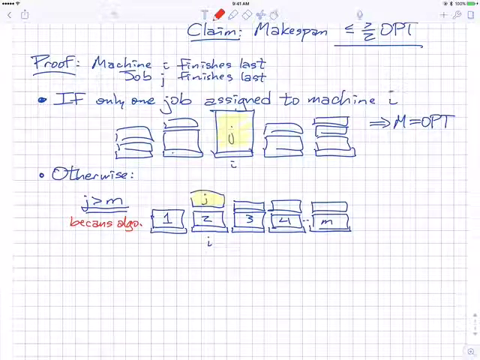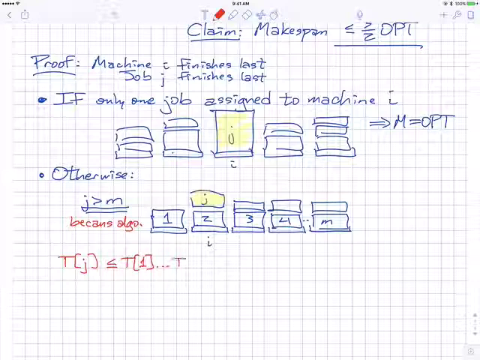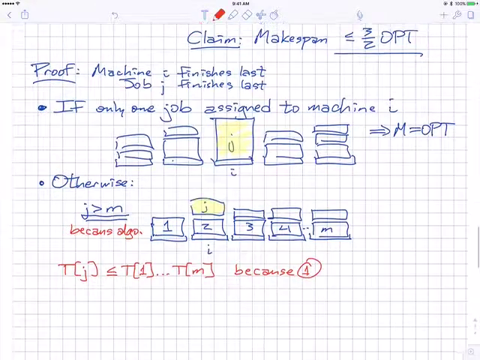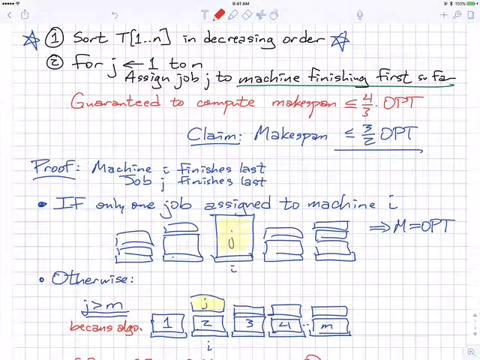But this now means that T of J is smaller than T of 1 up through T of M, again because of the way the algorithm works, in particular because of step 1 of the algorithm.